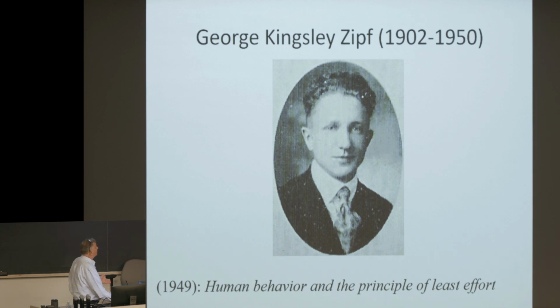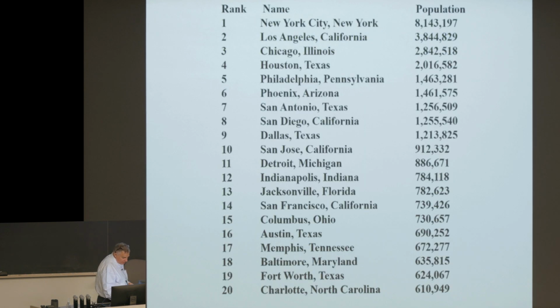And the first person who noticed these regularities was Zipf, a professor at Harvard University, who actually studied the sizes of cities. So what he did, he just took the statistical data from different American cities and put it in a graph.